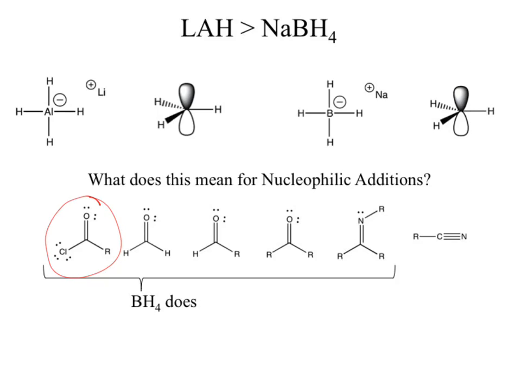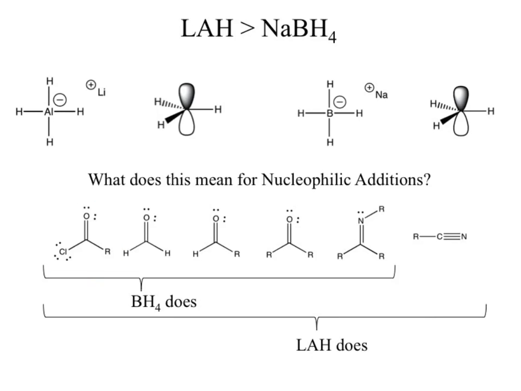What did we say was the reactivity of that one? Very reactive. So borohydride will react with it. Lithium aluminum hydride will react all the way down to your nitriles. Okay? So if we're trying to reduce the nitrile, BH4 won't do it. Lithium aluminum hydride will.